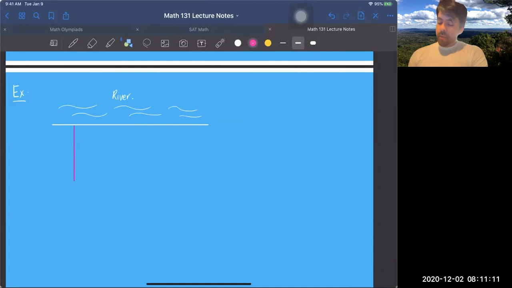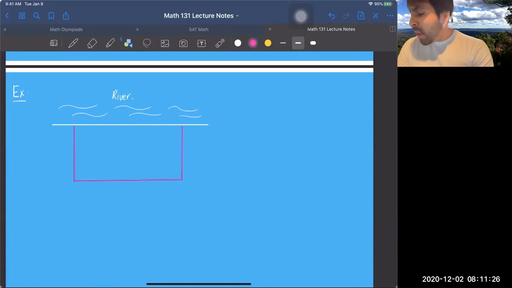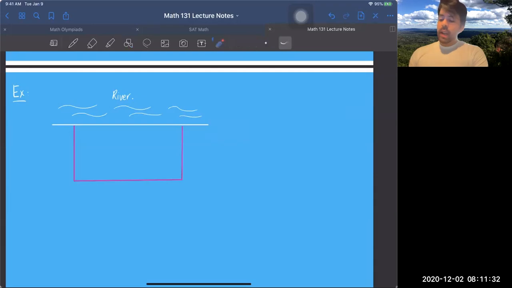And this farmer wants to enclose a rectangular piece of land next to the river. So there's not gonna be any fence on this side of the riverbank, right?